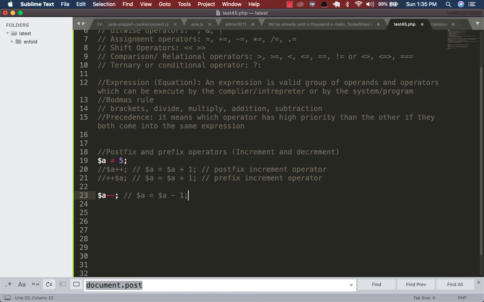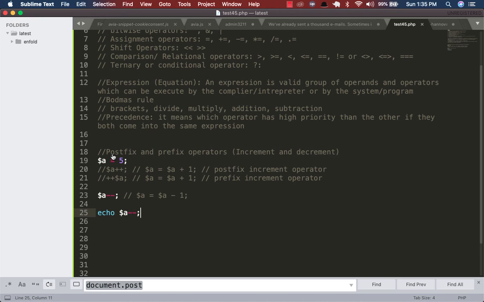This simply decreases the variable value by 1. Let's write $c equal to $a minus minus. It was 5, here it becomes 4.